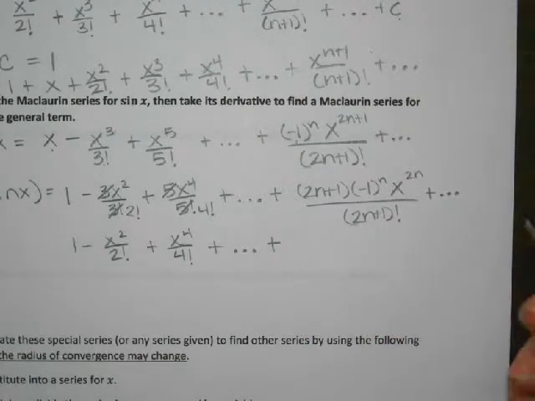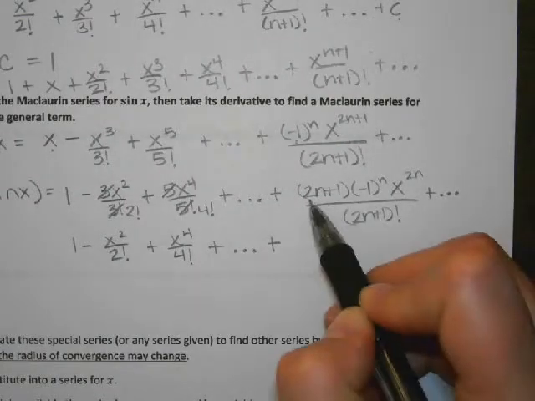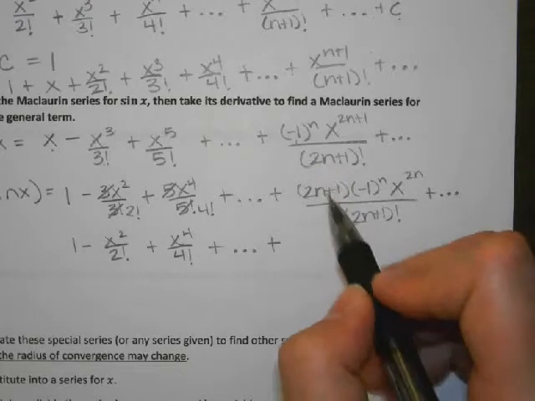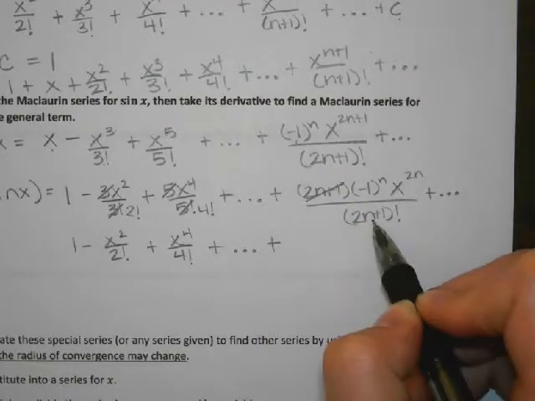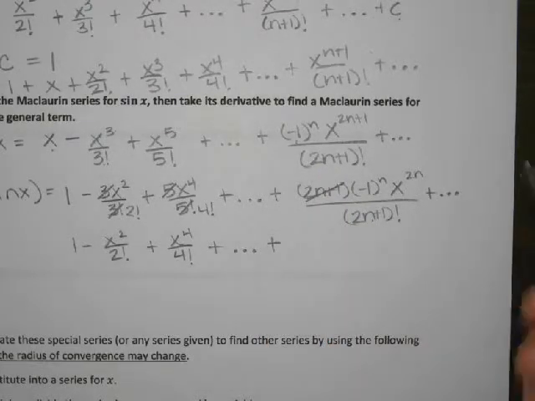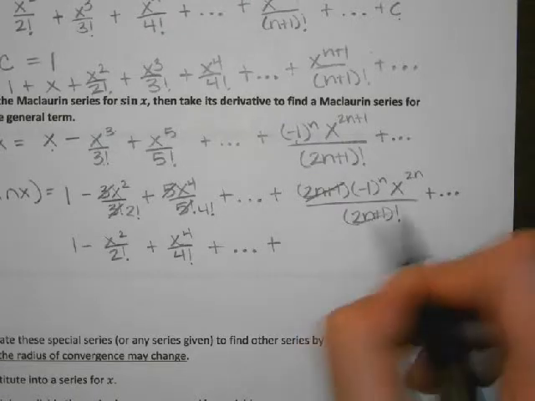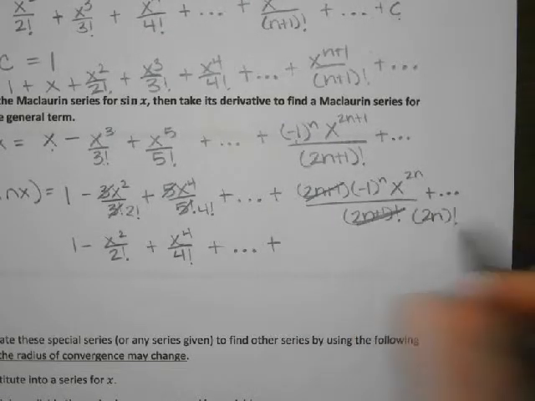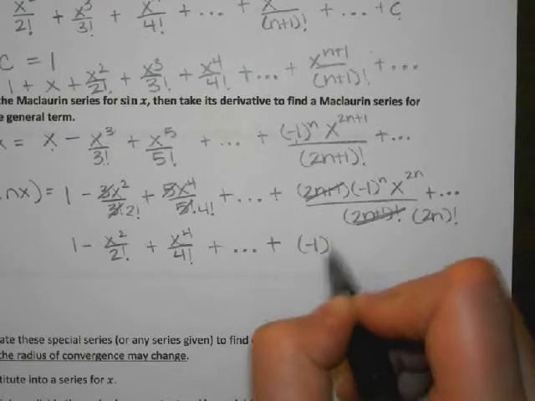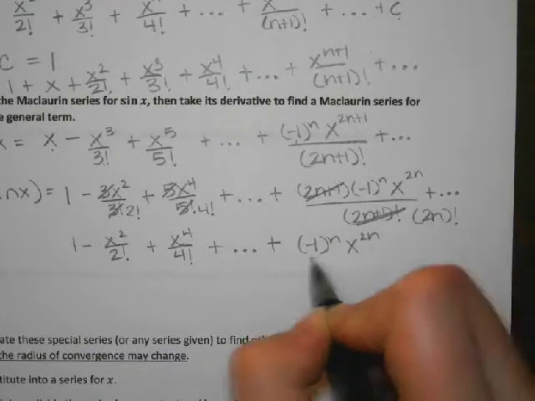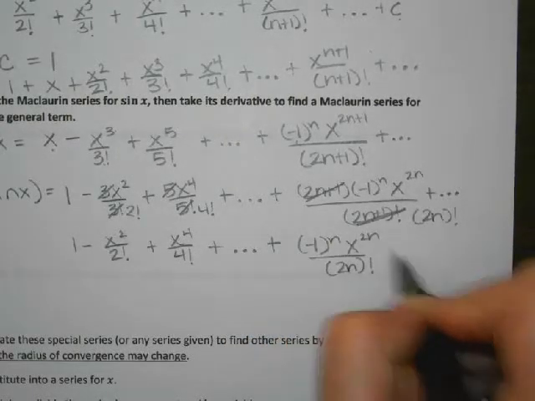And then what happens? Yeah, so the 2n plus 1 cancels with the 2n plus 1, and that's going to leave a 2n factorial. So this is plus -1 to the n, x to the 2n over 2n factorial.